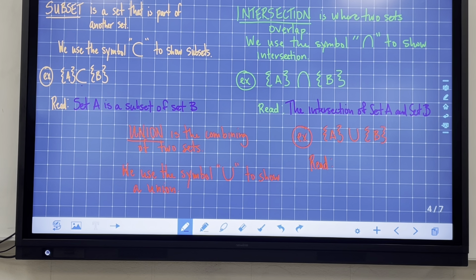To show a union, right, we use the symbol that looks like a U, all right? So the U is for union. The N is for intersection. I don't have a great one for C, subset, all right?